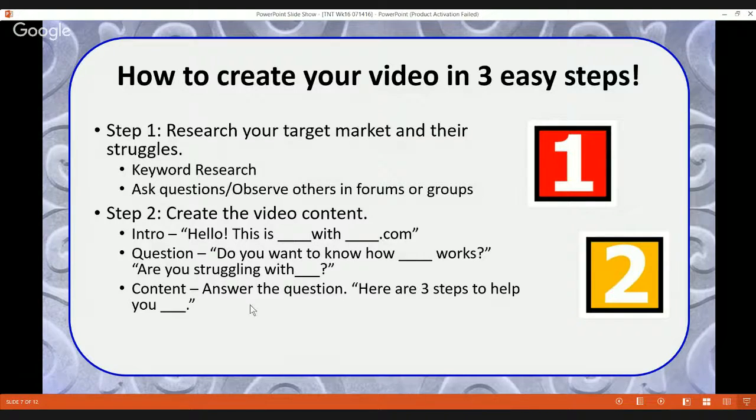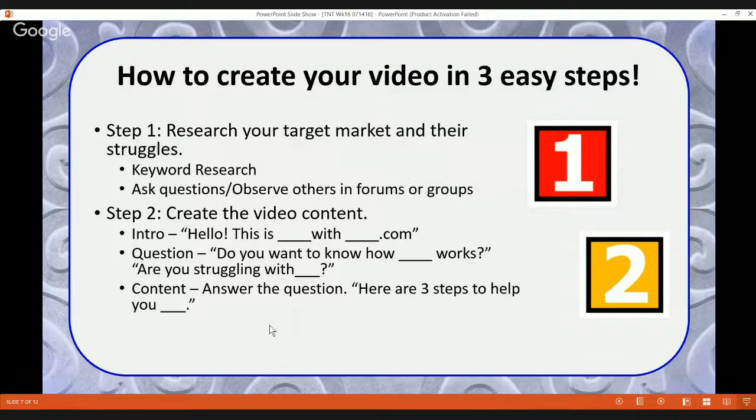And there are obviously people looking for this information because we did our research in the beginning, right? So you're not just answering a random question just to answer a random question. You're answering a question that other people want more information about. Okay? So it's very simple. You just answer the question.